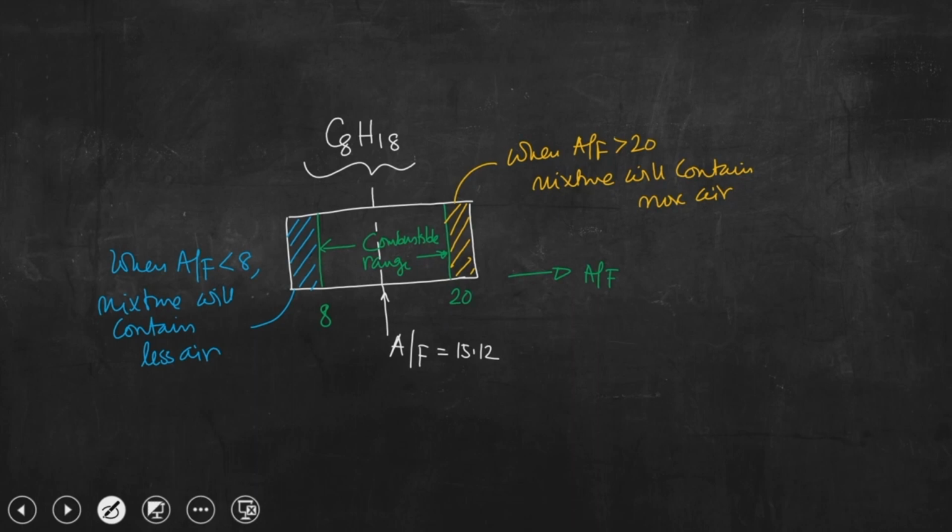If the mixture contains more air, then combustion will not sustain, because the temperature that the flame produces will be taken by the excess air present in the mixture. So the flame will not sustain. If the mixture contains less air, that means it is rich in fuel, less than 8, then the amount of air needed for that particular fuel is not there.